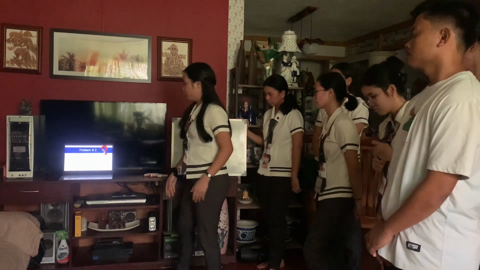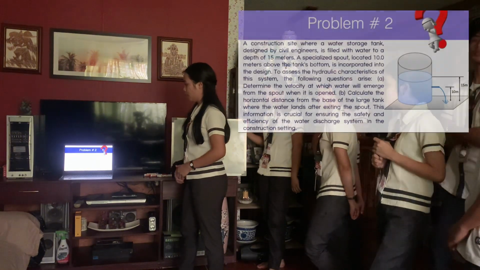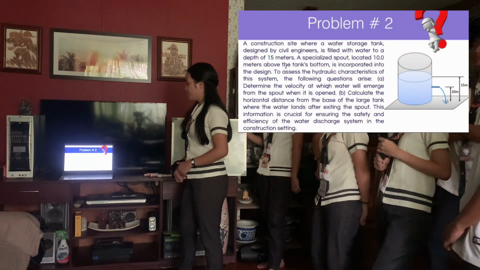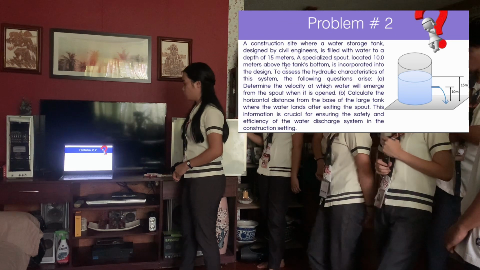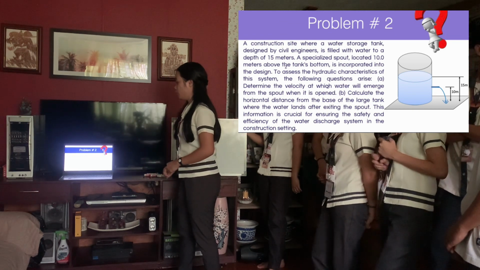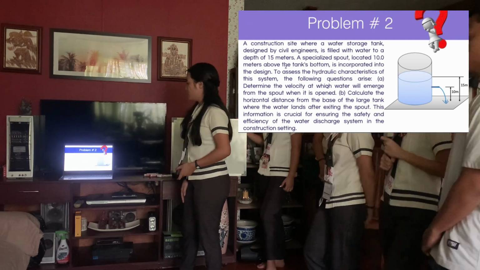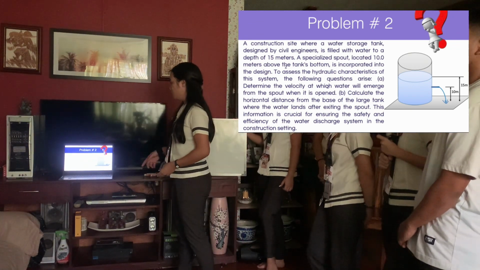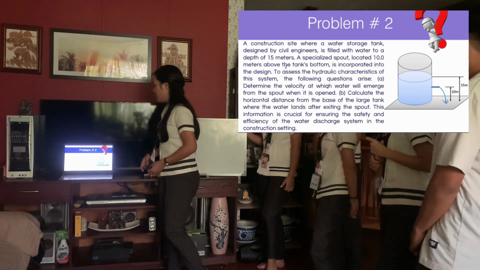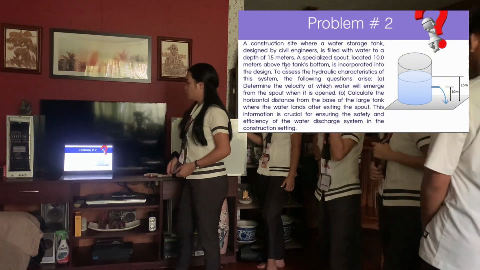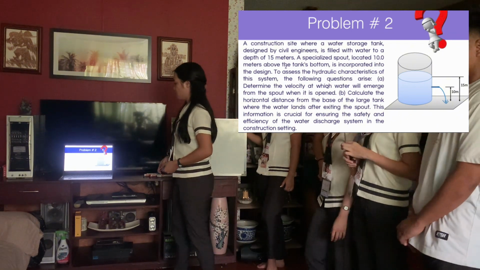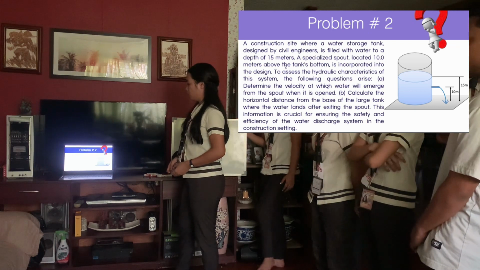We have here a problem in a construction site where a water storage tank designed by a civil engineer is filled with water to a depth of 15 meters. A specialized spout located 10 meters above the tank's bottom is incorporated into the design. To assess the hydraulic characteristics of this system, the following questions arise.